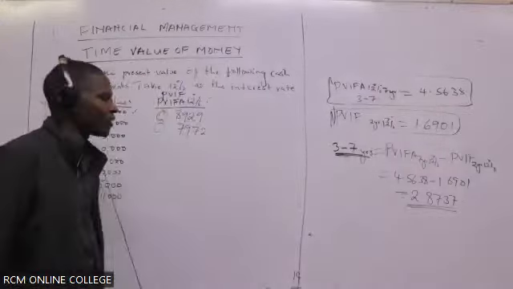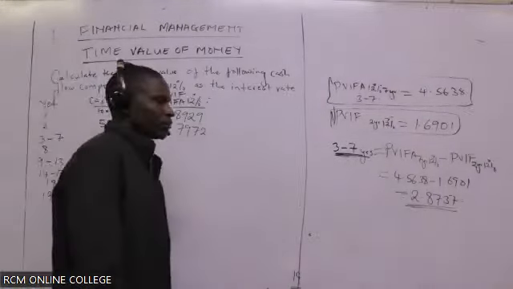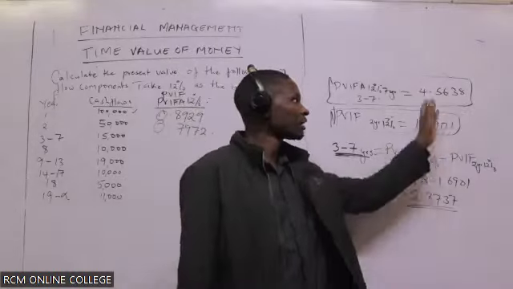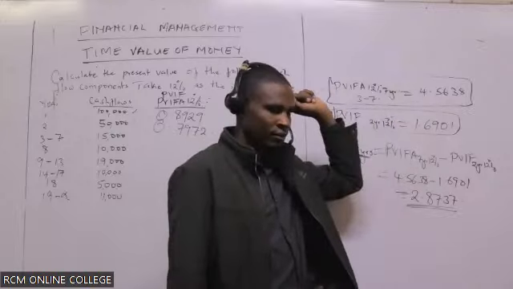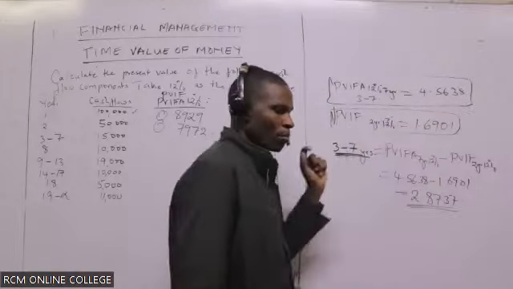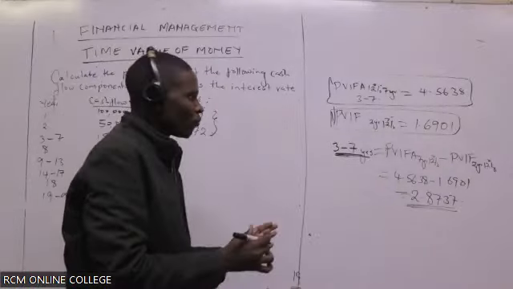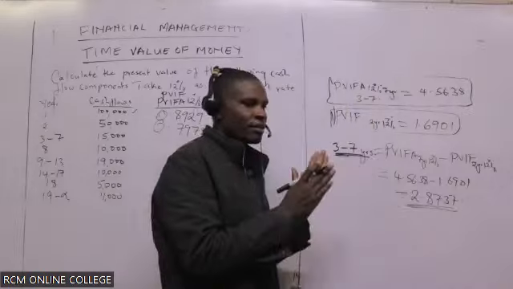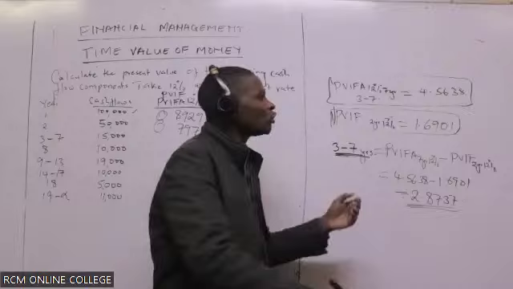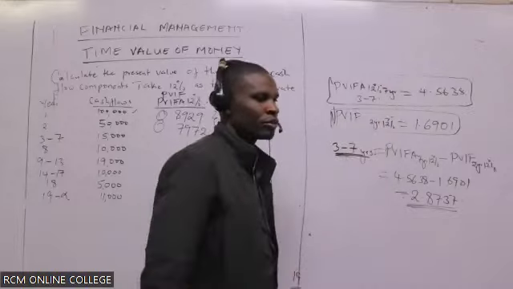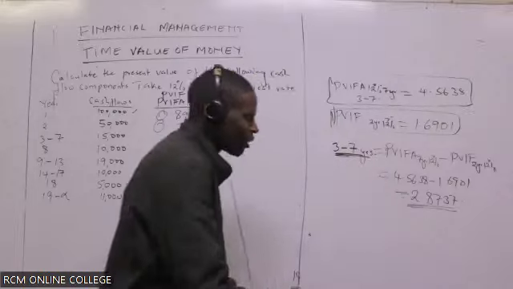Have you got that? All 7, this one here at the end. Are we together? We used 7 years to get this. Good. Since we used 7 years and already we had computed for 2 years, that was PV. So for us to get the range year 3 to 7, we look for the difference. We find the difference of all 7 years minus what we had computed for 2 years. Then we remain with that range 3 to 7, and this is it. This is what you put here.